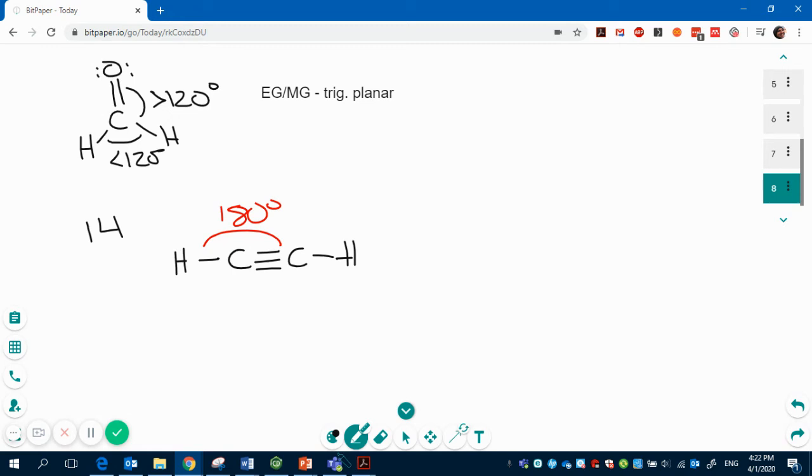If we go to question 15, which is about this molecule here. All right, and again, this is one from table 1.